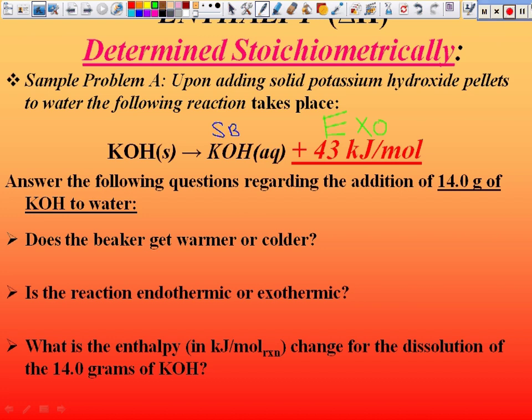And then finally, what is the enthalpy change in kilojoules per mole of reaction for the dissolution of 14 grams of potassium hydroxide? So do what you just did a few minutes ago and calculate the delta H for this.